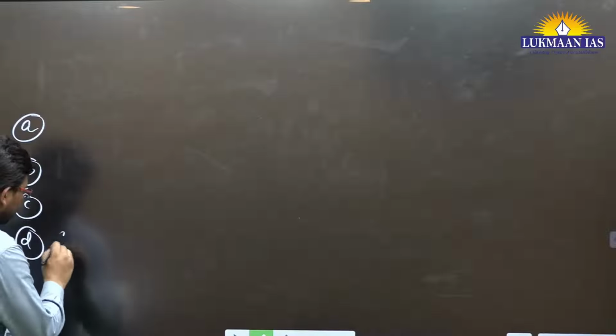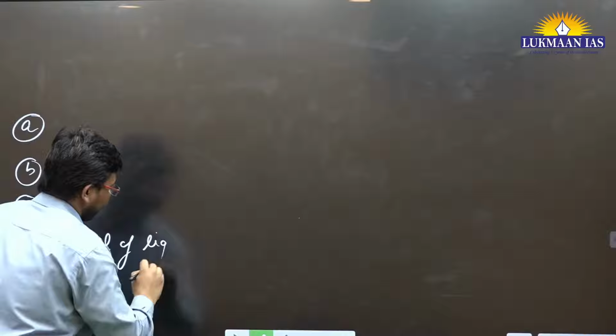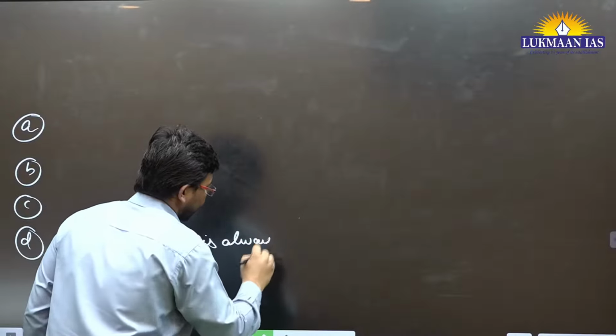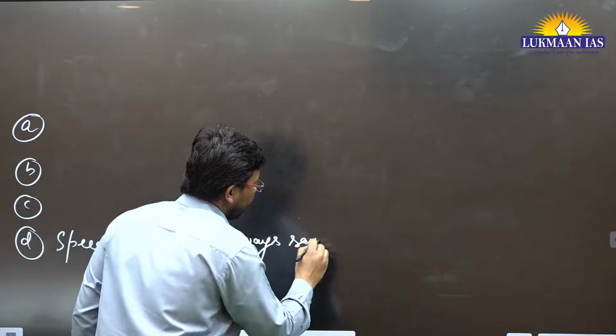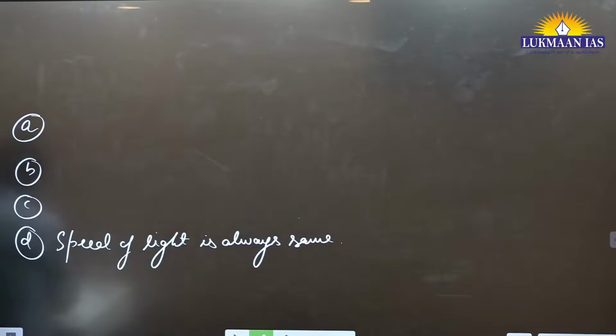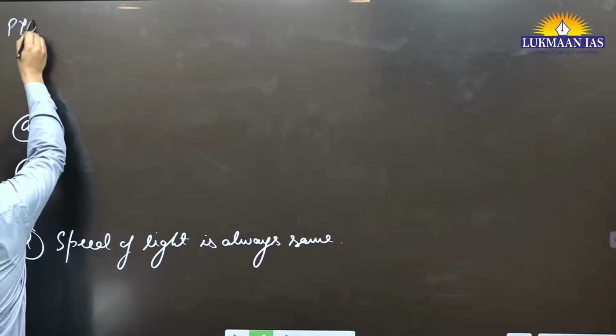D option, write down: speed of light is always the same. This is option D. This question was asked by UPSC in 2021. This is a PYQ of 2021.